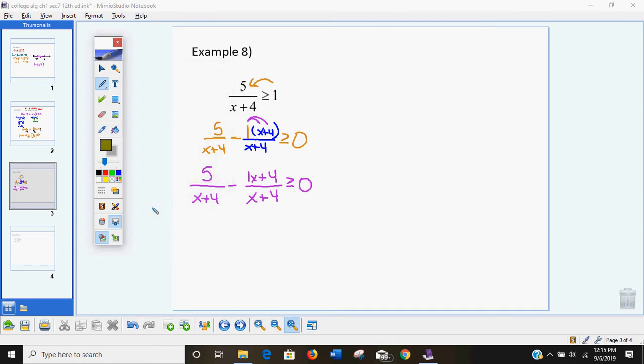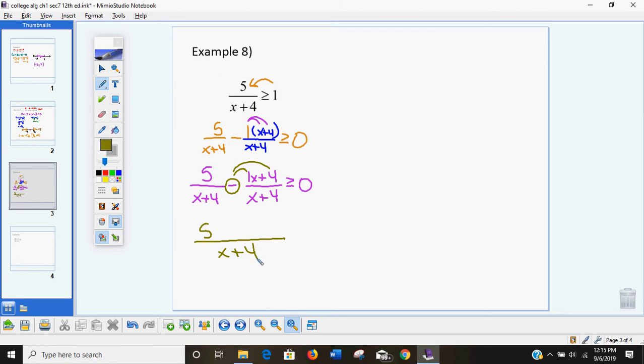But now I'm going to be dealing with this minus sign right here. So I'm going to be distributing that negative to both of these. We are subtracting both. And I'm going to have one denominator. So let me bring down the 5. And then I'm going to make a big fraction bar and put x plus 4, because that's our common denominator.